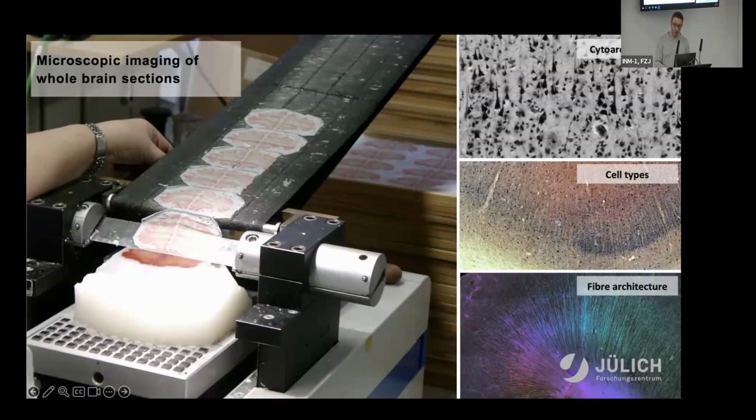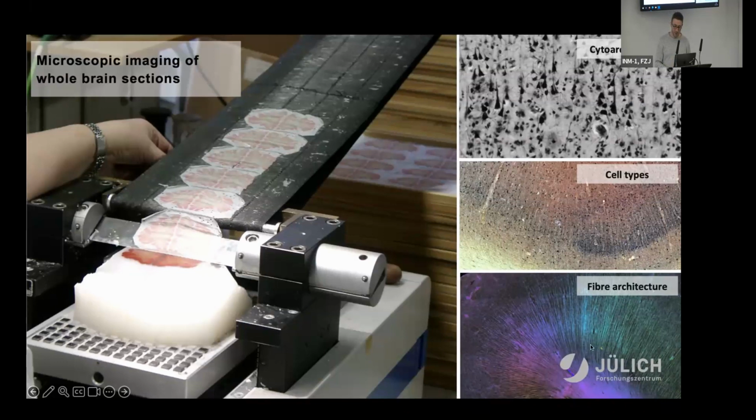The most common one and classical one is the one that you see here on the top right, where the sections are stained for cell bodies and imaged with a light microscope. In that case, we usually have images with a resolution around 1 micrometer. And the BigBrain is made up of such data, only at that time at a reduced resolution of 20 micrometer.